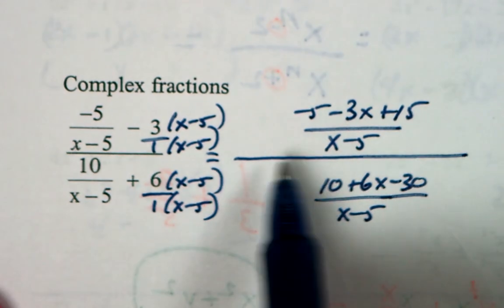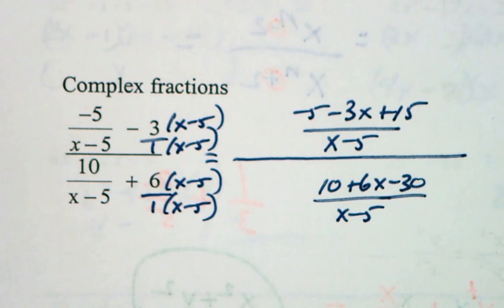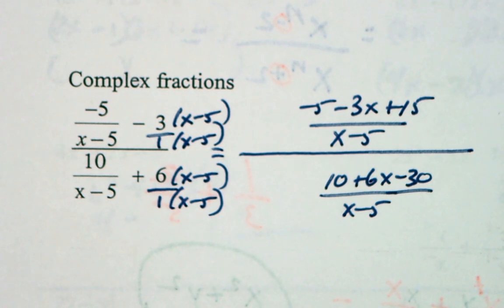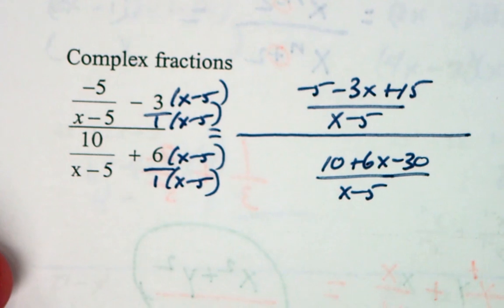Notice I'm using a big long fraction bar so I can stay organized, see what my top fraction is, see what my bottom fraction is. And hopefully, if you don't mind, I'm going to do two steps at once, because these problems kind of get old fairly quick.